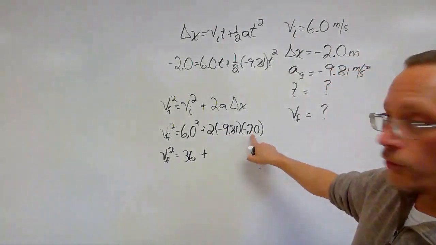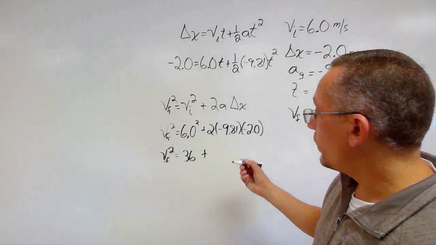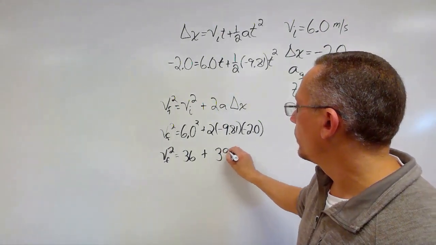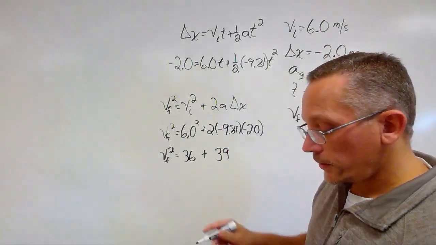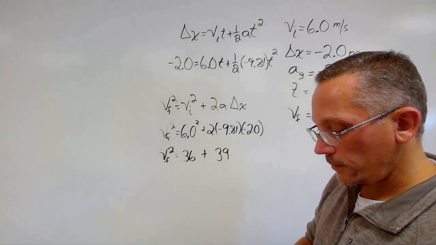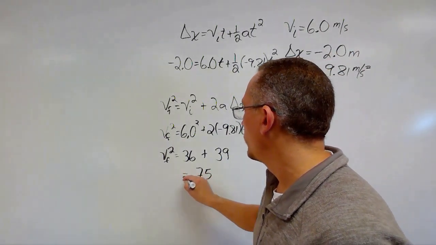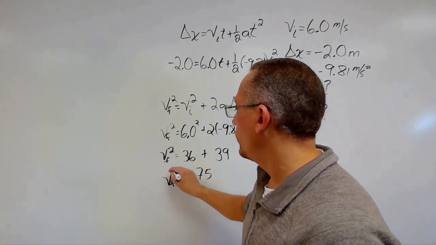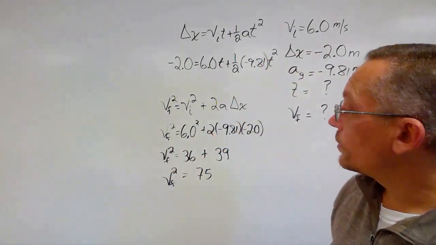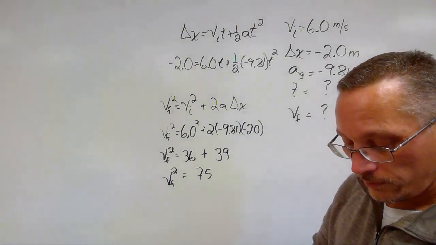And with 2 significant digits, I get 39. Here, 36 plus 39 is 75 for VF squared. So what I'm going to do is take the square root.